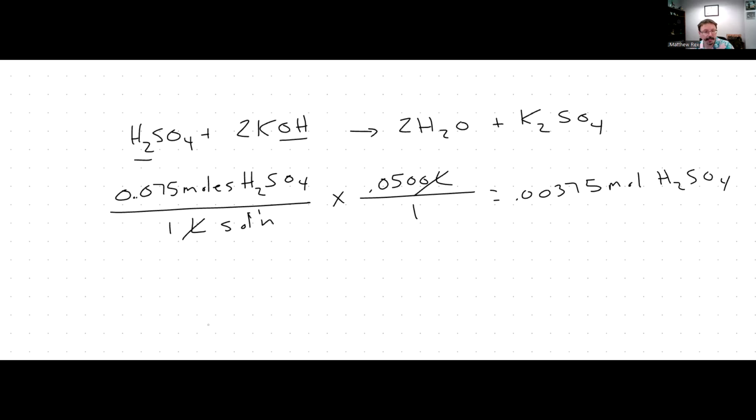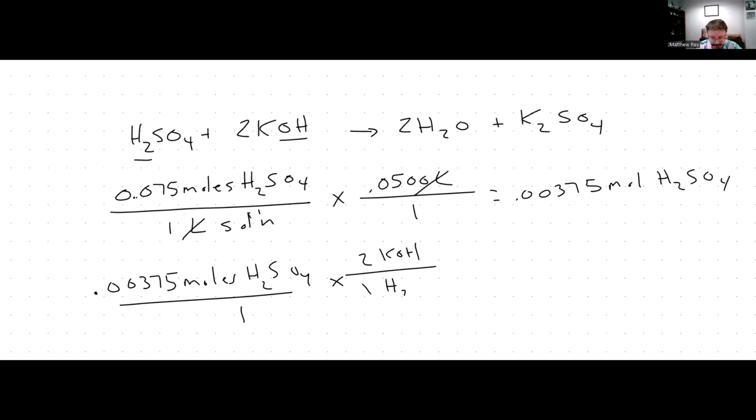What we're concerned with is how much base we need. So we want to find out how many moles of base it will take to neutralize that much sulfuric acid. And we know that that's a 2:1 ratio. So I want 0.0075 moles of KOH. We're given the concentration of KOH, 0.150 molar.